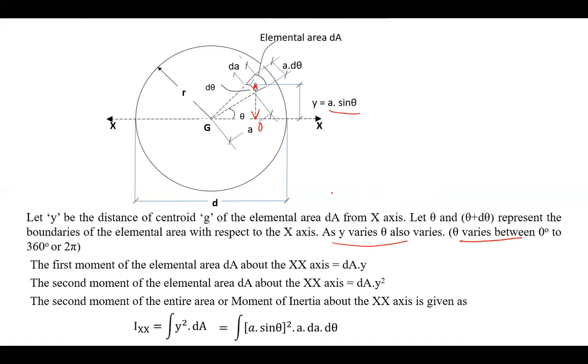Okay, now let us substitute all those values here. y square is a sine theta squared, since the y value is a sine theta, and dA is equal to a into dA into d theta.